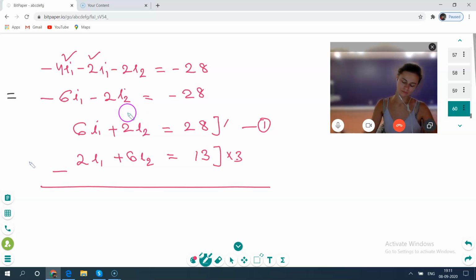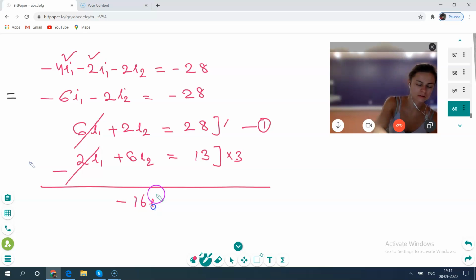So this 6 and 6 cancel. This is 2 I2 minus 18, so minus 16 I2. I am doing it directly. Do you want me to do it directly or not?